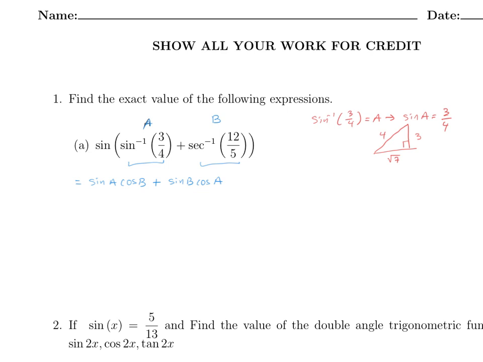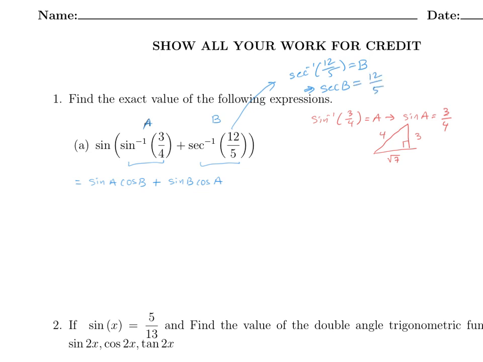Now, in a similar way, remember the secant inverse of 12/5 is equal to B, which means secant of B has to be 12/5.